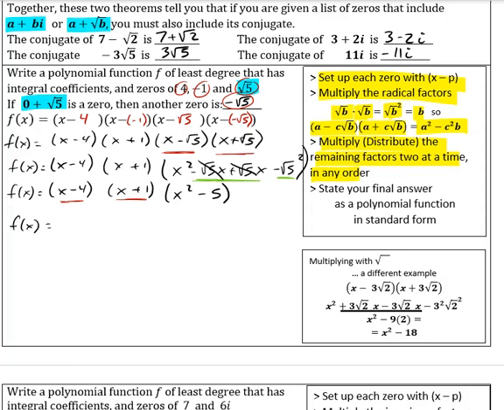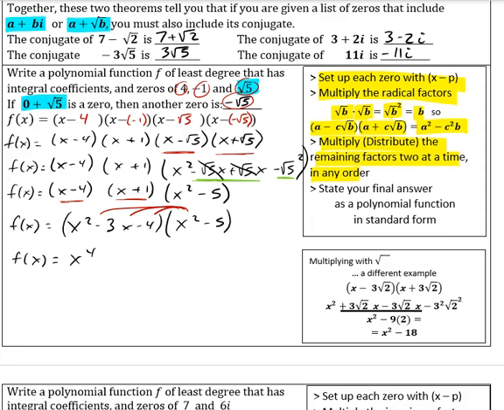So when I multiply x minus 4 and x plus 1, I end up getting x squared minus 3x minus 4. Bring this one down. Then you multiply those two. And that would give me, if I'm going to go one piece at a time, this to these three.